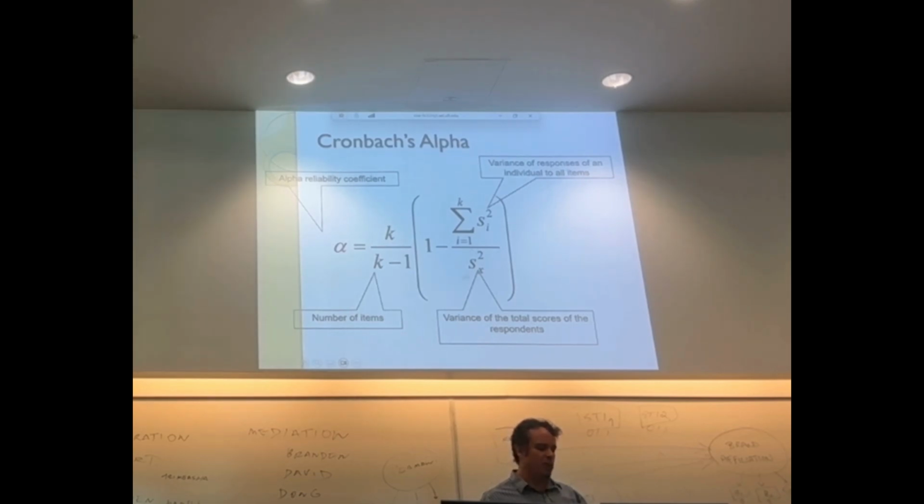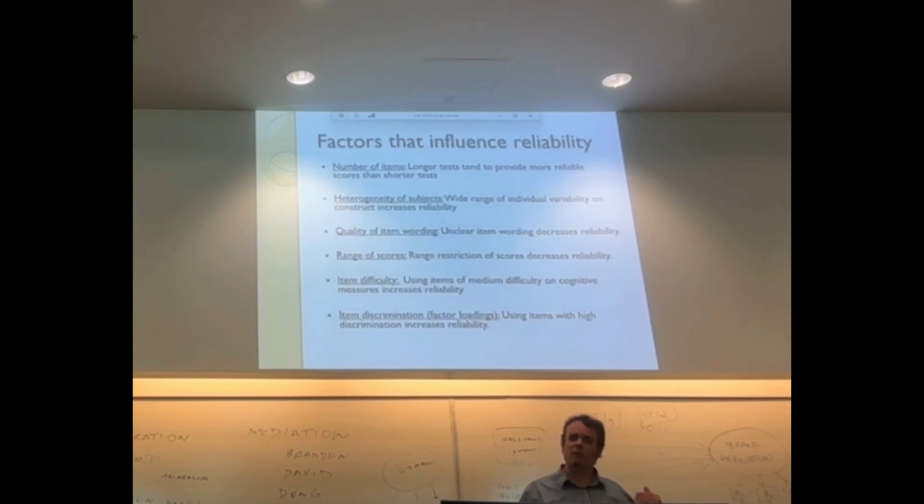So this denominator here will grow faster than the numerator, and therefore your Cronbach's alpha will tend to go higher. Conceptually, you have more opportunities to measure if you have more items. And from a CFA perspective, since factor loadings are the relationship between the factor and the item, the higher the factor loadings, the more reliable variance, and therefore reliability will be higher.